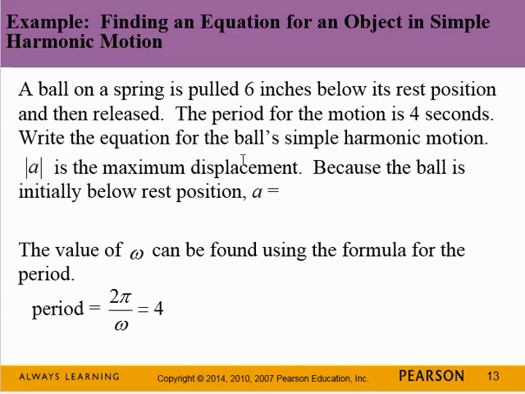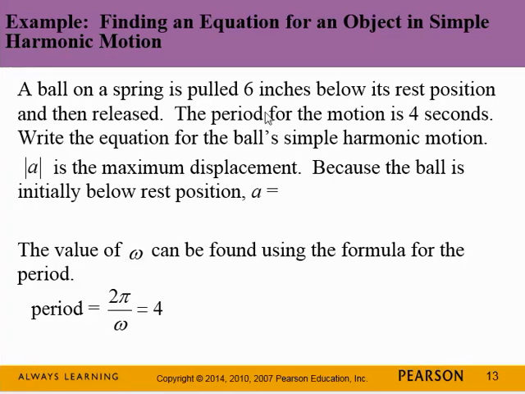Same problem. The absolute value of a is the maximum displacement, because the ball is initially below rest position. So the absolute value is 6, but since it's below, you're going to have negative 6. We do need to find the value of w by using the formula for the period.